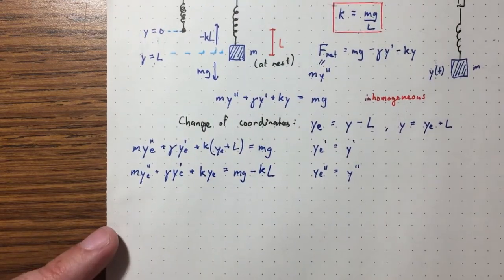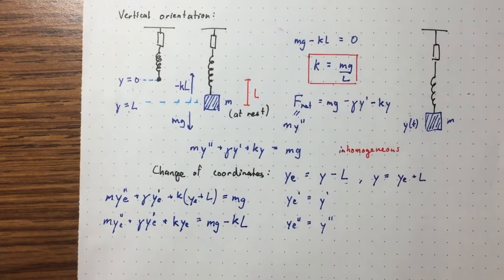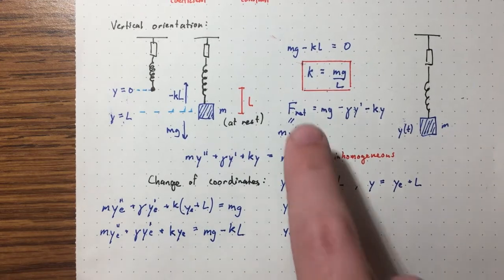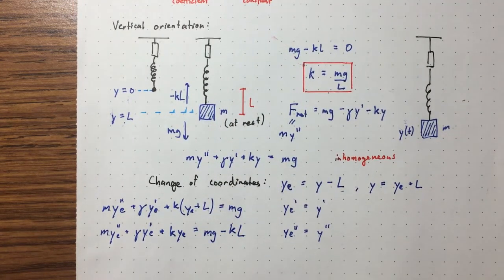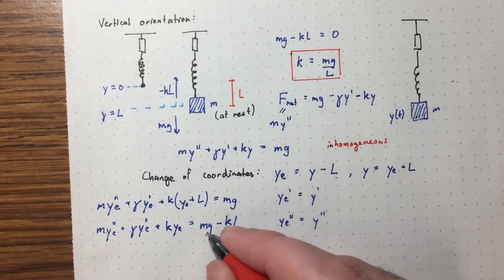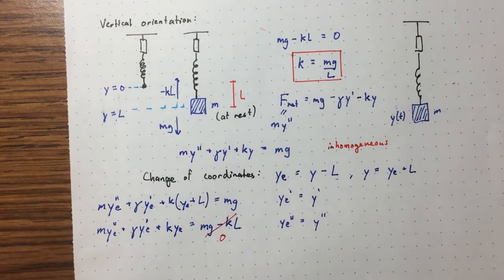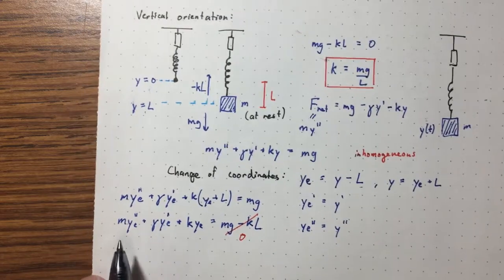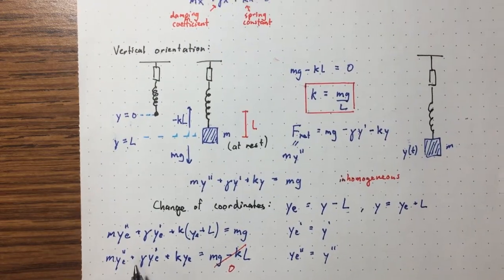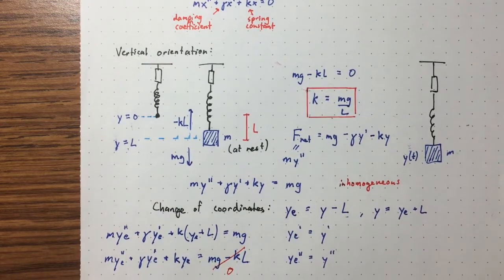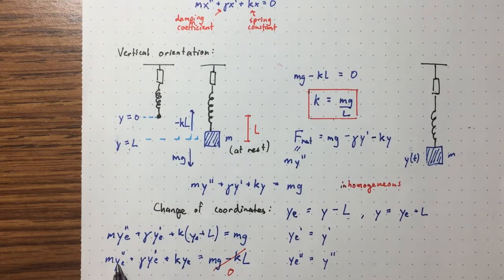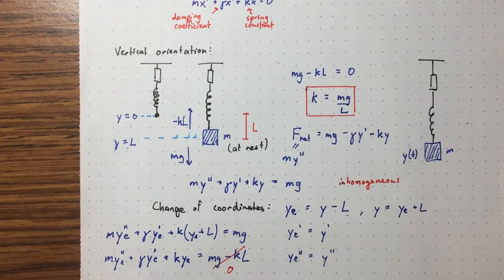But do you see what's going to happen here? Look up here, right? mg minus kl is 0. So this side is actually just 0. And what we have is the exact same differential equation up here, right? So I just call this ye the new y. And I have the exact same differential equation.